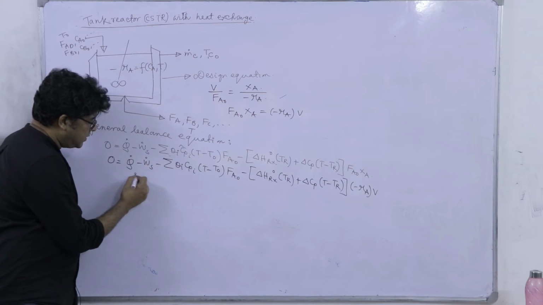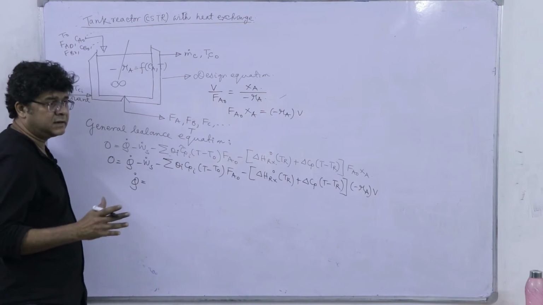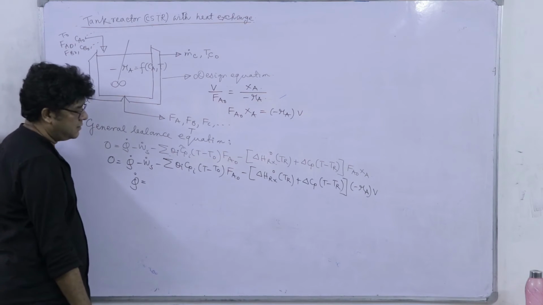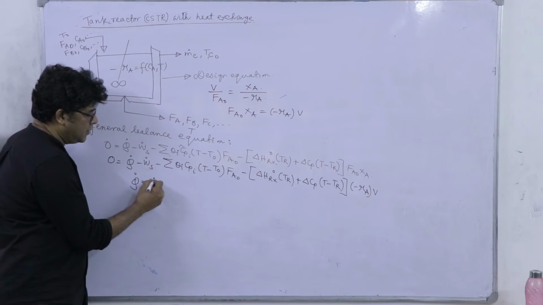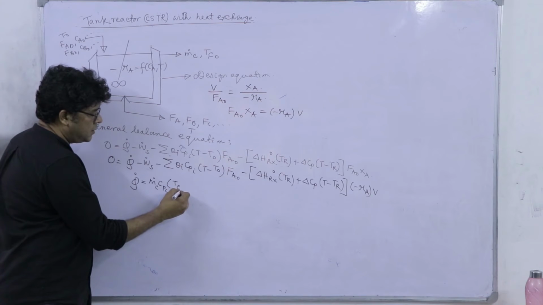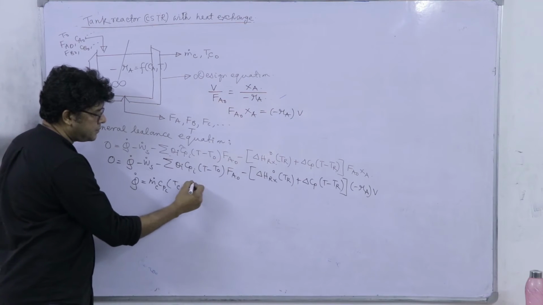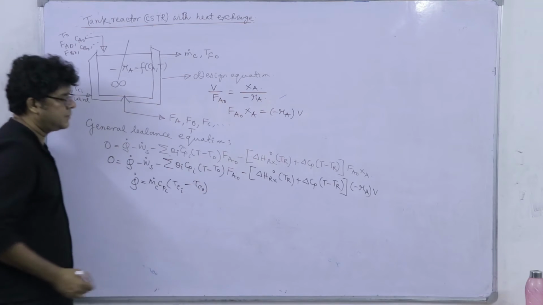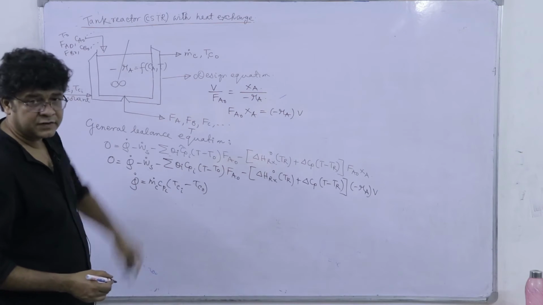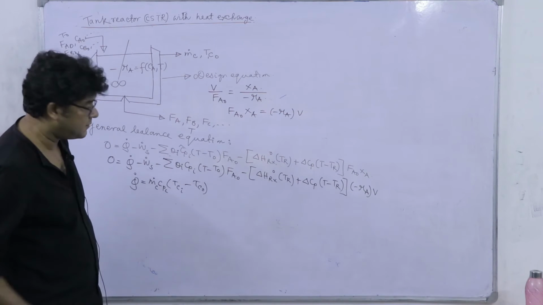So, Q dot you see is the heat given to the reactant, right. So, it is m dot C Cpc Tci minus Tco, right.